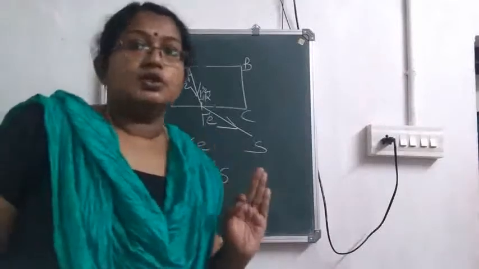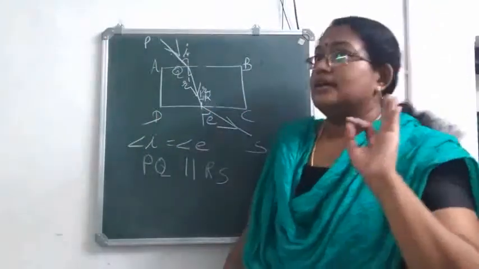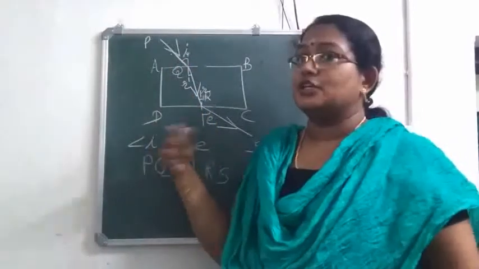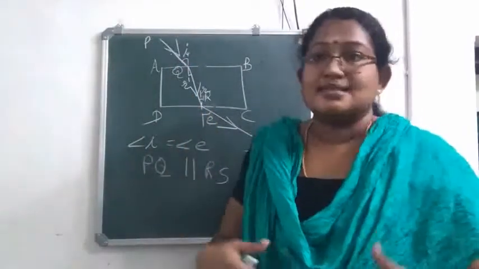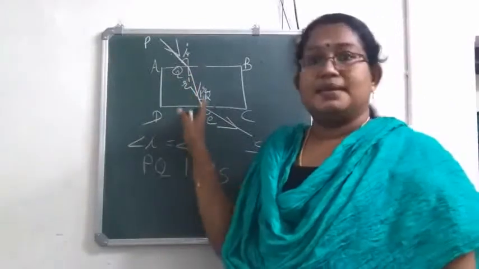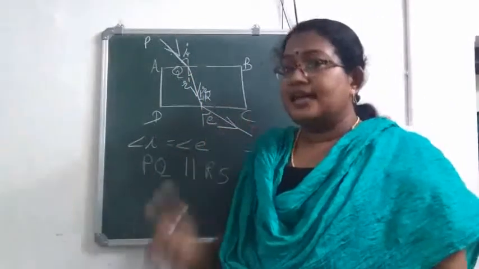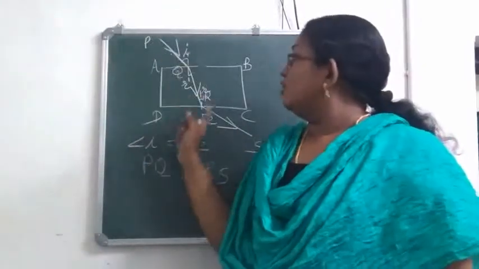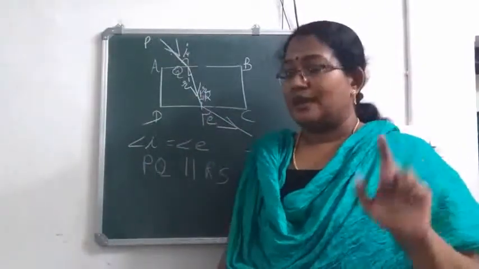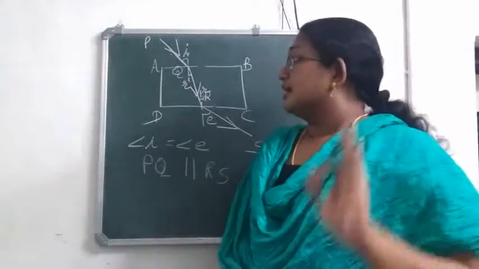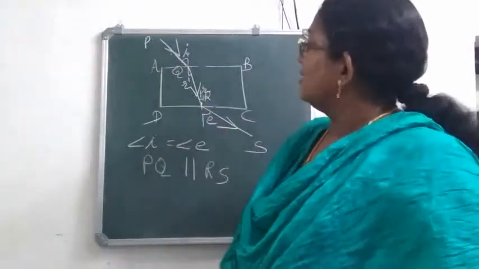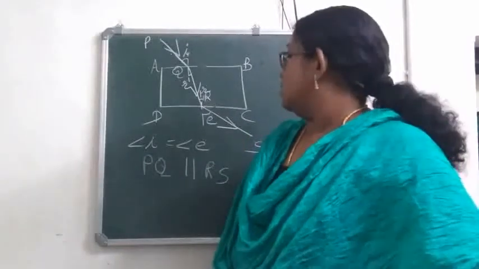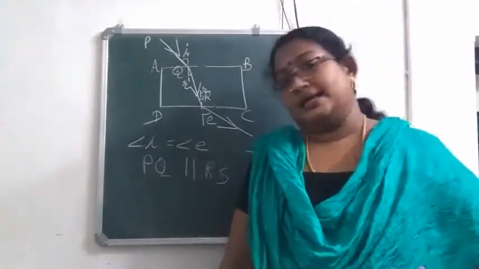And what all things you have to remember here? That is, since refraction takes place at the two parallel faces, these two angles will be the same. Then the next thing is, according to the principle of reversibility, the angle of incidence is equal to the angle of emergence, and therefore the incident ray is parallel to the emergent ray. Okay, so these two things should be there in your mind.